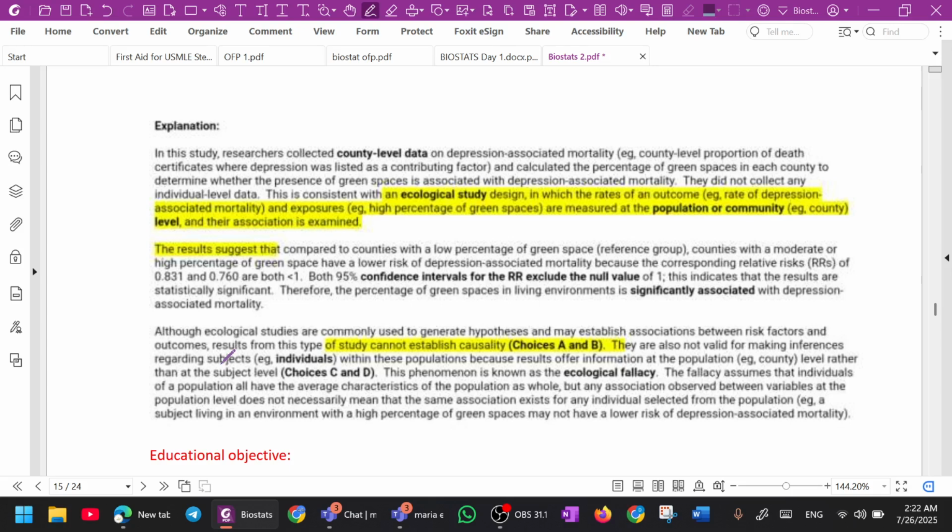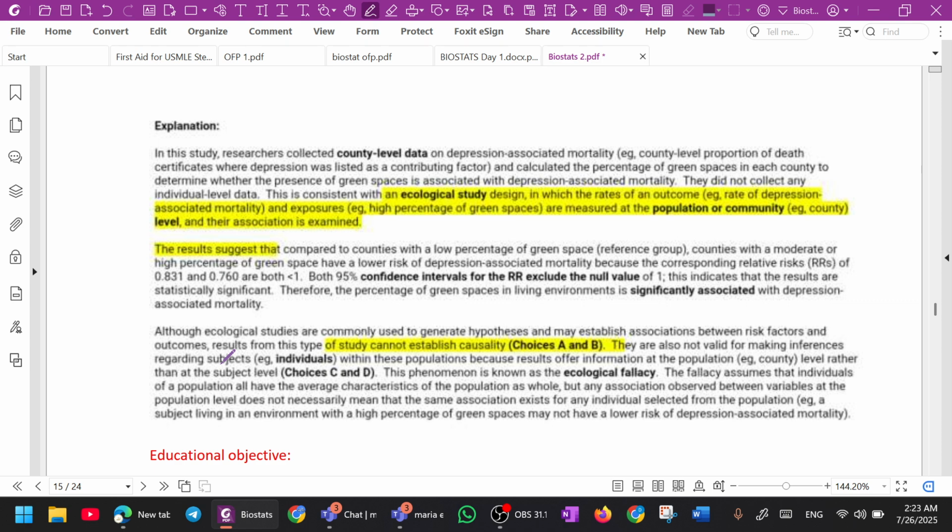In this study, researchers collected country-level data on depression-associated mortality, the country-level proportion of death certificates where depression was listed as a contributing factor, and calculated the percentage of green spaces in each country to determine whether the presence of green spaces is associated with depression associated mortality. They did not collect any individual level data.